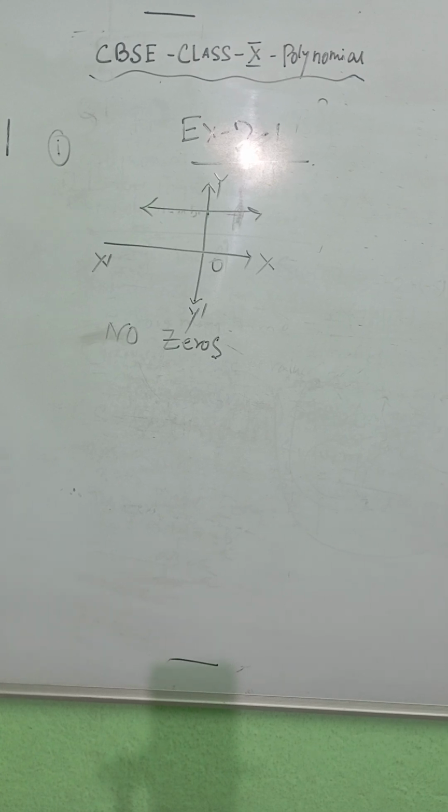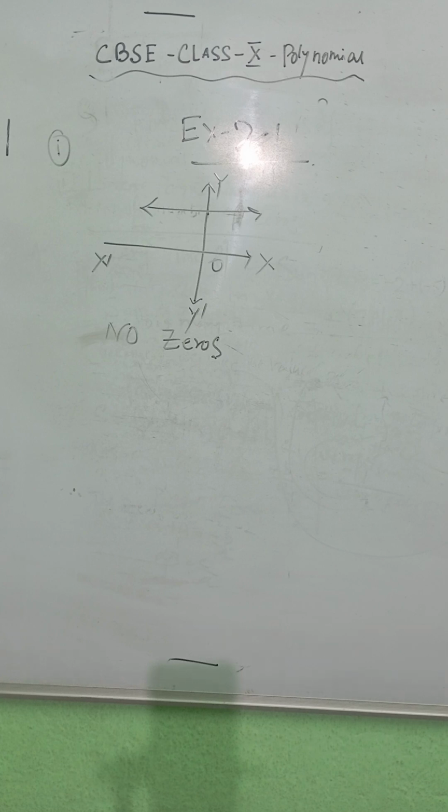See the question number 2 graph. The curve cuts only one point of the x-axis. So it is only 1 zero.